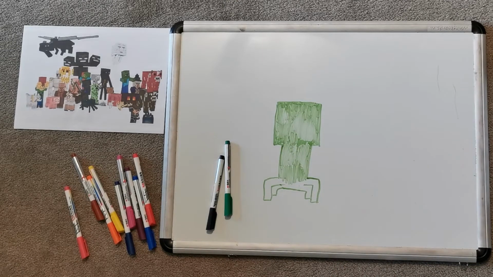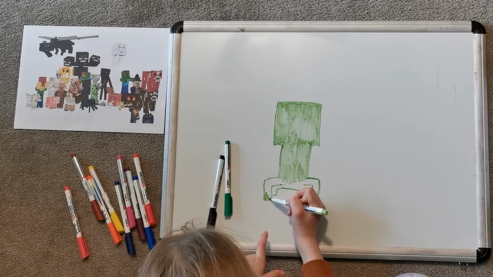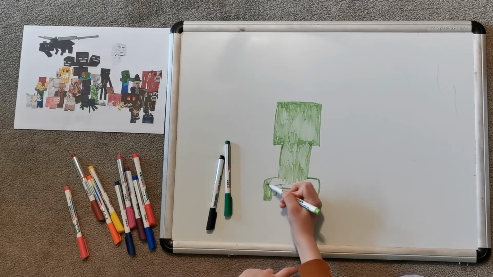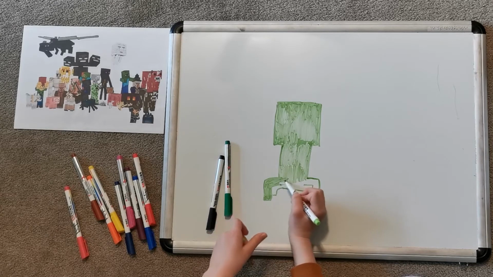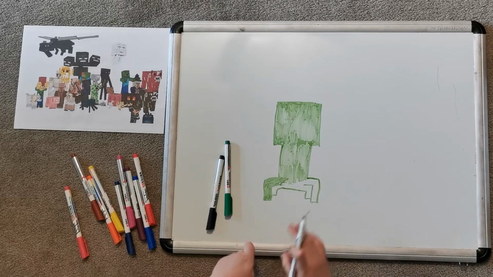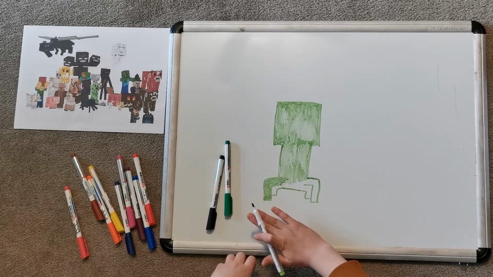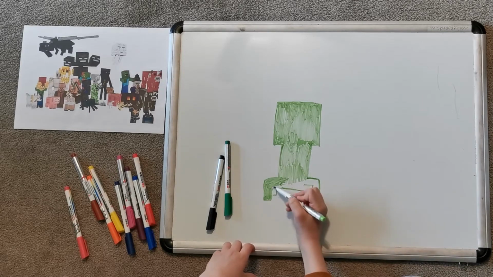Like that. And now we go into the legs. The legs are quite tricky parts. If you want it, and some people might not have light green, so you color the whole thing in dark green. I just leave it like that.